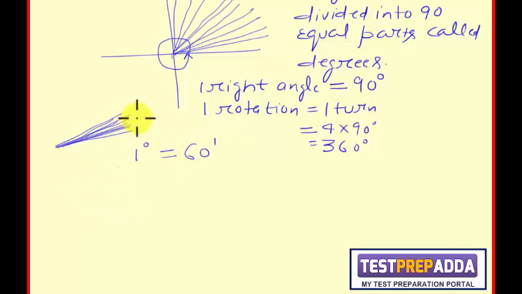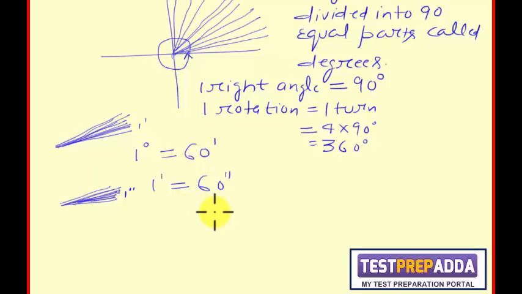Not only this, each minute is further divided into 60 parts, and each part is called second. So 1 minute is further divided into 60 seconds.